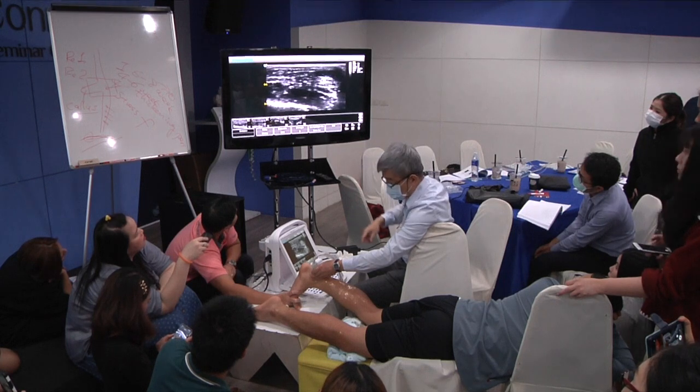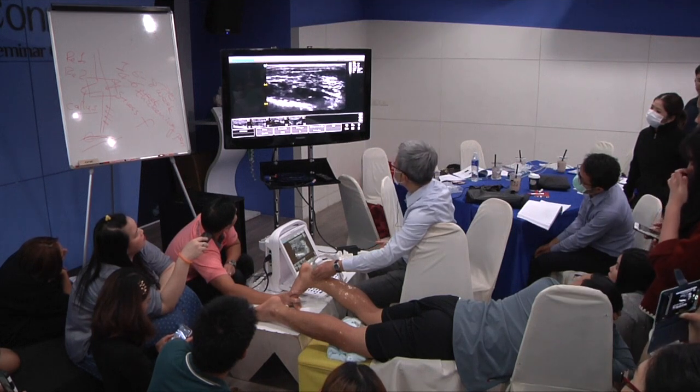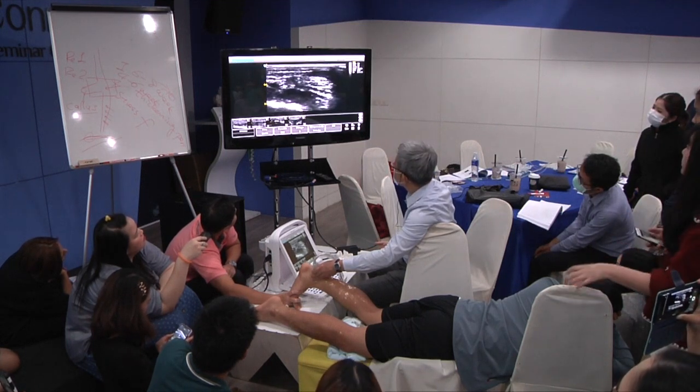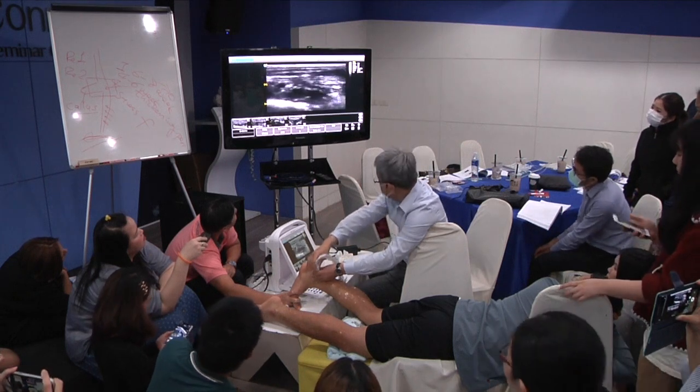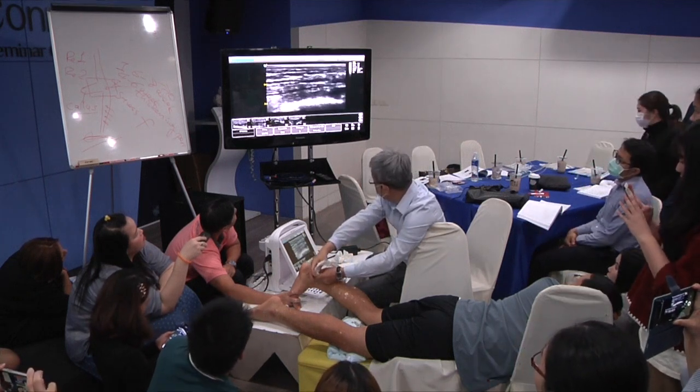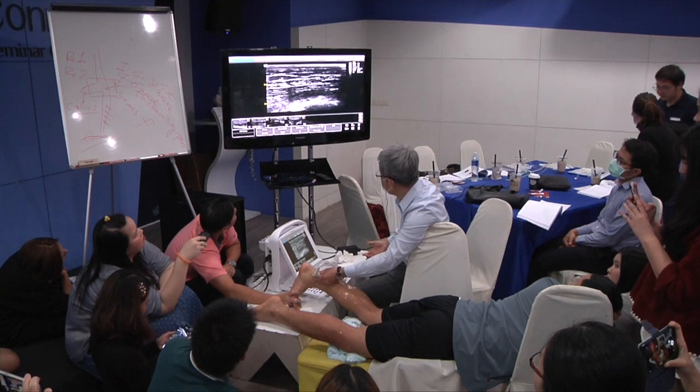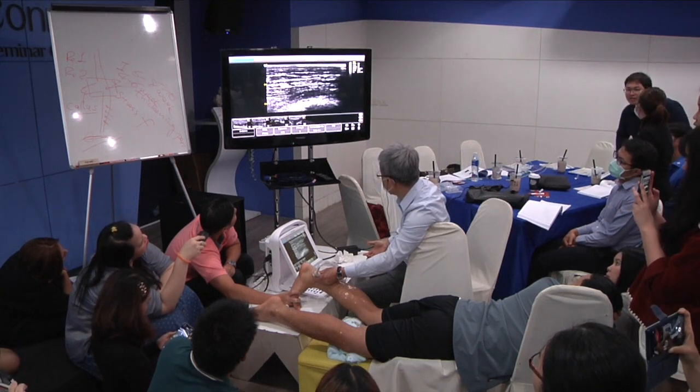So I put the plantaris in the middle of the window, then turn 90 degrees. Very super strong.